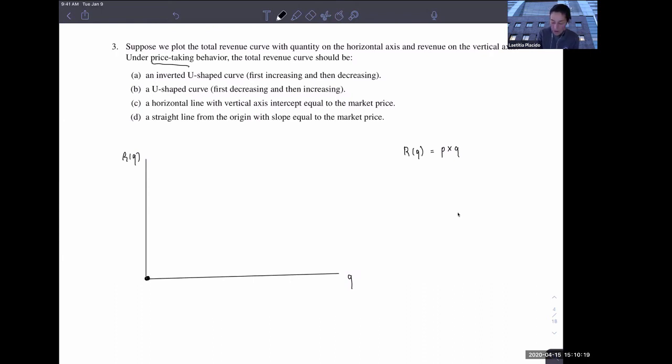When I sell 1 unit, I get a revenue equal to P. When I sell 2 units, I get 2P, and so on. So the shape of the total revenue curve is going to be a straight line passing through the origin, and whose slope is going to be what?